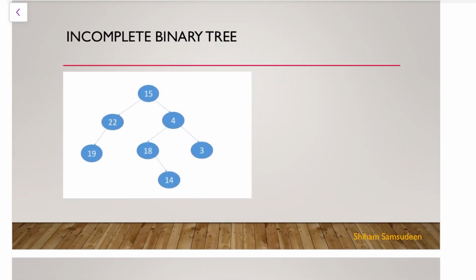So we have something called, when a binary tree is not a complete binary tree, we call it an incomplete binary tree, right?